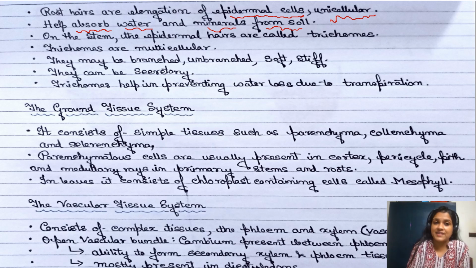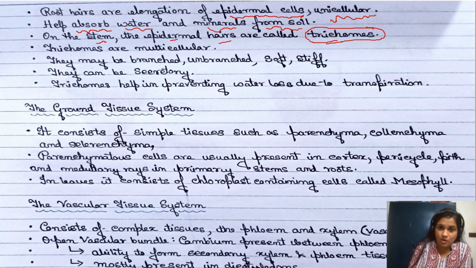Now, leaf is done, root is done, up to the stem. The epidermal hairs here are called trichomes. We learnt in the first two points that they have some appendages, trichomes and hairs. Trichomes are multicellular.